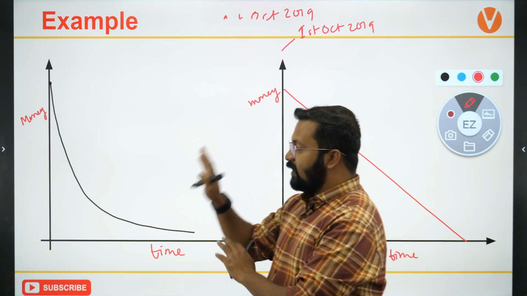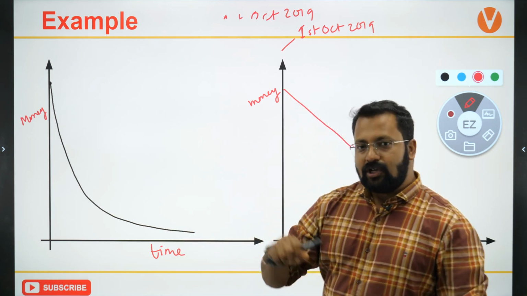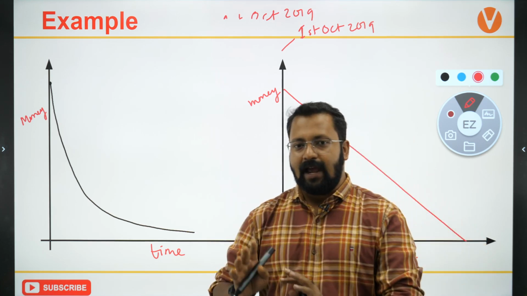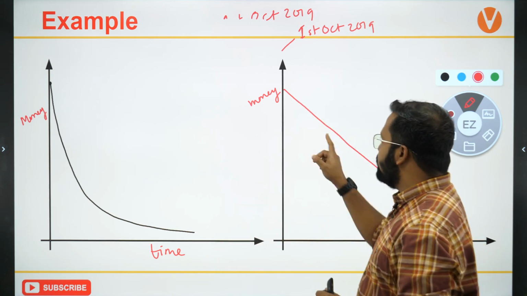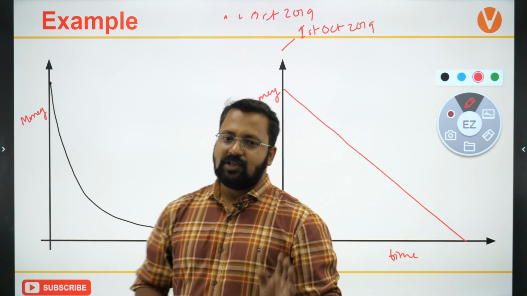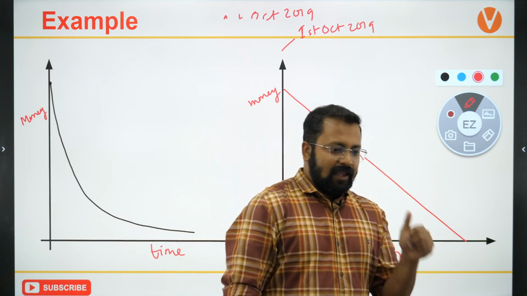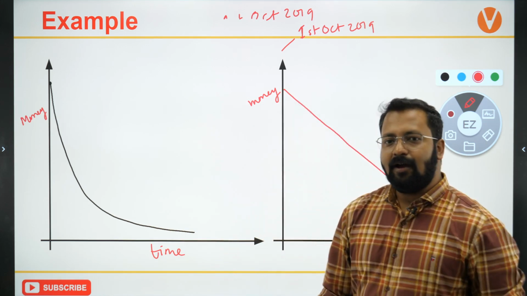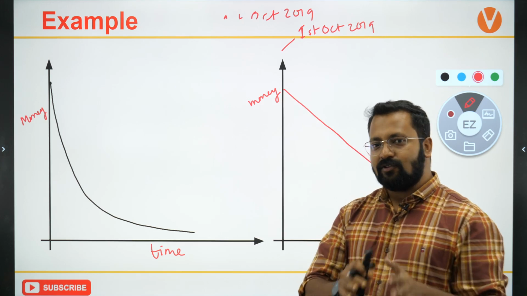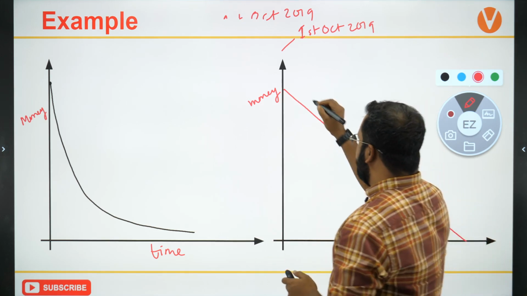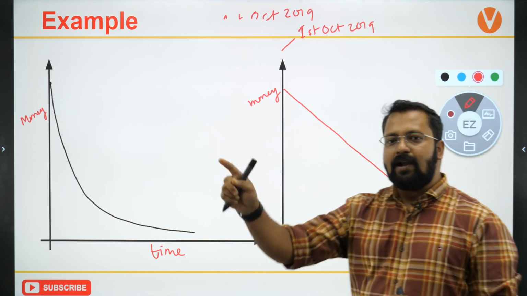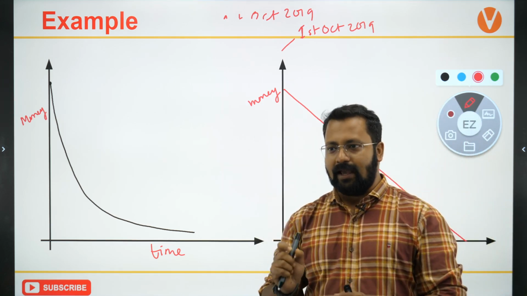But if Ajay gets 25,000 rupees or even 1 lakh rupees in his hand, do you think Ajay will be spending more than 10 rupees a day? Kya bolte ho aap? Will Ajay spend more than 10 rupees a day even if he has 1 lakh rupees or even 25,000 rupees? No. So the spending power of Ajay is independent of the amount of money that he has.